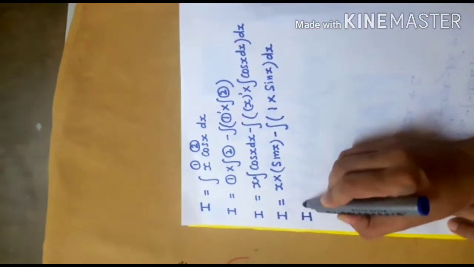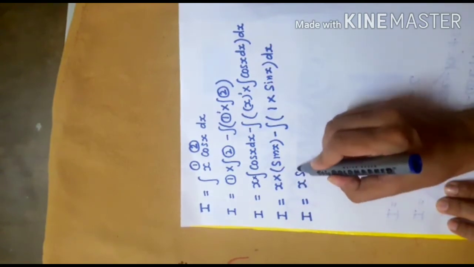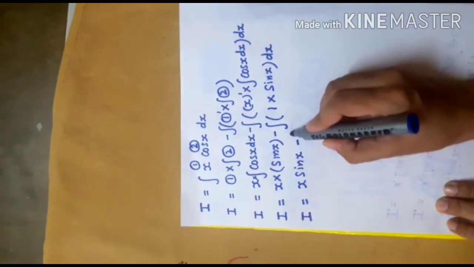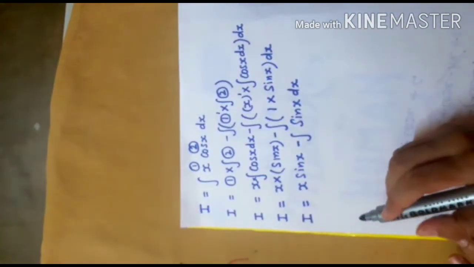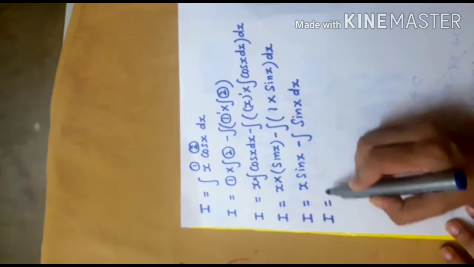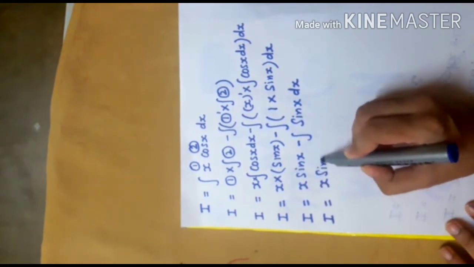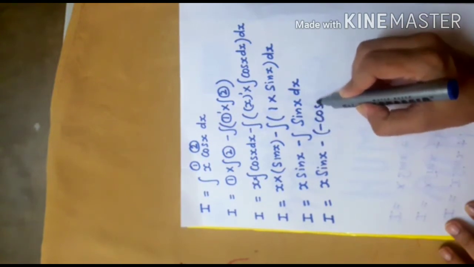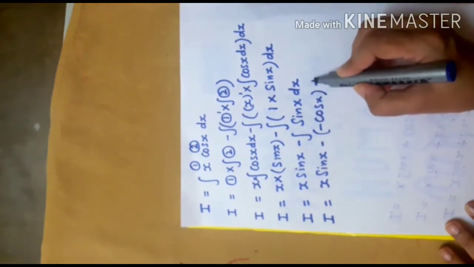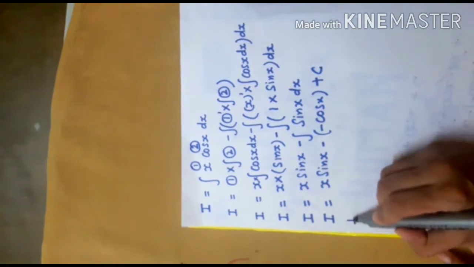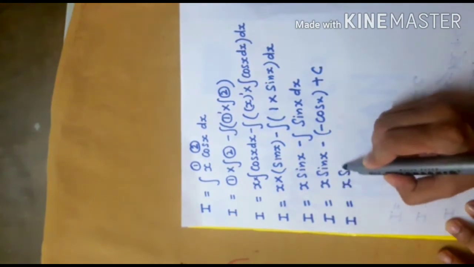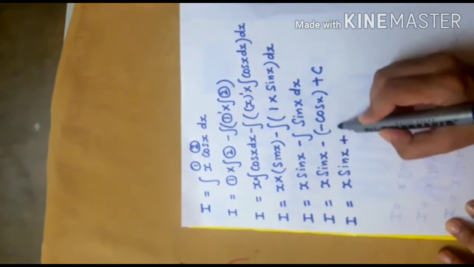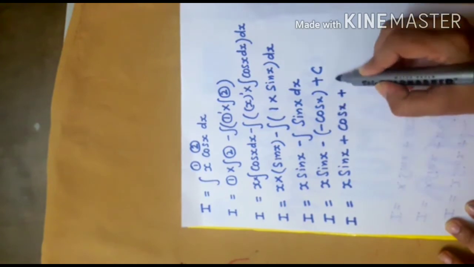So I equals x sin x minus integral sin x dx. So I will be equal to x sin x minus integral of sin x, which is minus cos x, plus c. Now add the constant of integration. So x sin x plus cos x plus c.